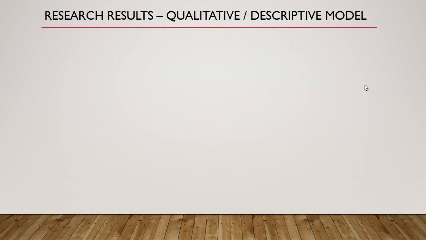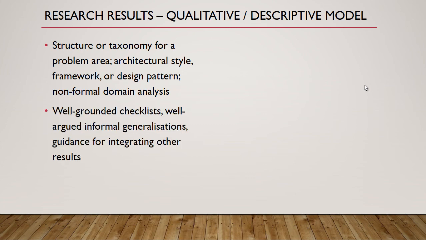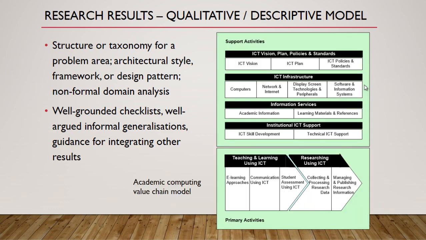Next we have what we call a qualitative or descriptive model. This is normally at postgraduate research level. Among these are a structure or taxonomy for a problem area, architectural style, framework or design pattern, non-formal domain analysis, well-grounded checklist, well-argued informal generalizations, and guidance for integrating other results. These are all descriptive or qualitative models.